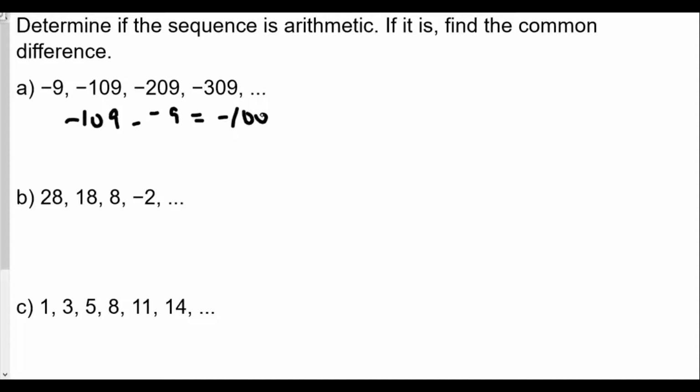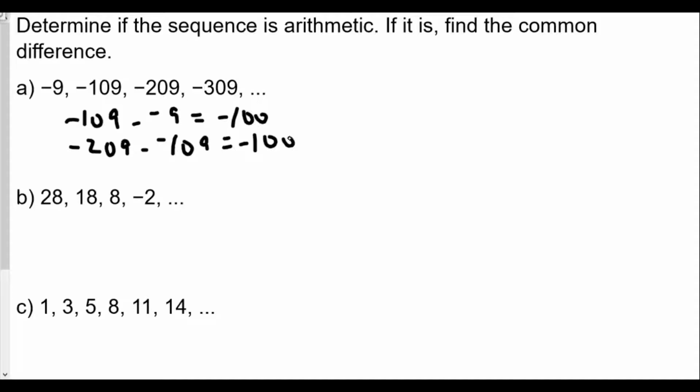Then we'll take -209 minus -109, because the second term was -109 and the first term was -9. Now it's really the third term minus the second term, and we subtract here and also get -100.